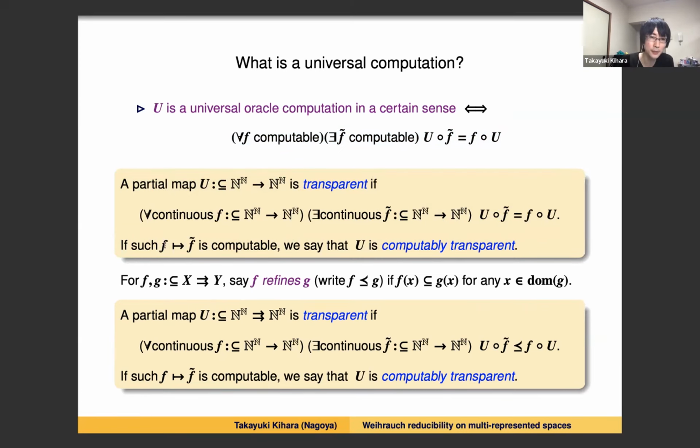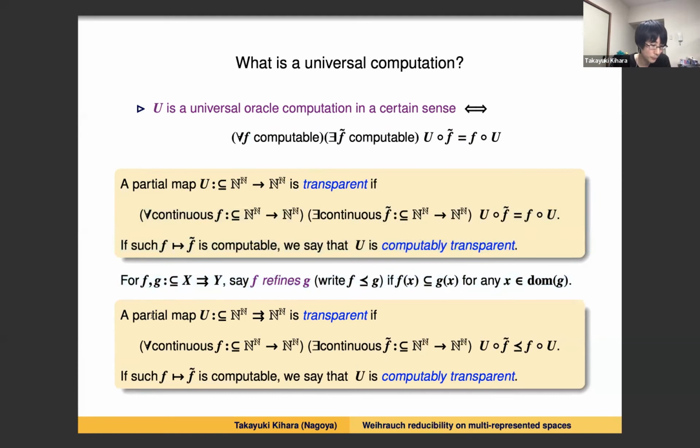And if such a transformation from f to f tilde is computable, we say that u is computably transparent. In the case of the oracle computation in the previous example, it's actually possible to effectively find the code of f tilde from a given code of f, so we call such a map computably transparent.